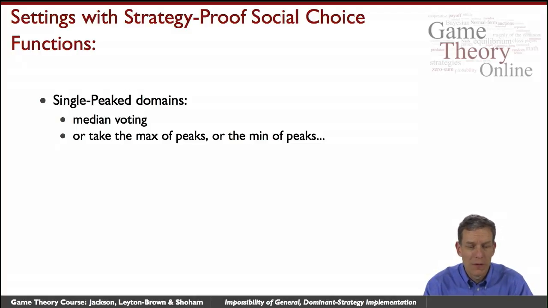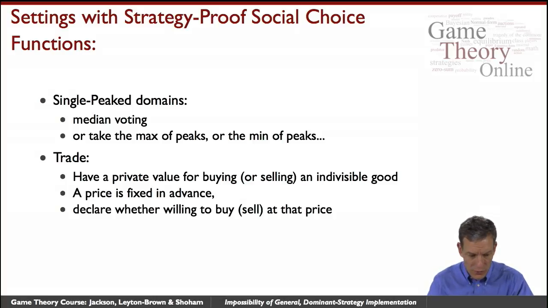Instead of median voting, have maximum voting, so whoever has the maximum peak, or the minimum peak, or any order statistic. So single peaked domains are settings where we've limited the set of preferences, so not any ordering over candidates is allowed any longer. And once you do that, then it's easier to design strategy-proof rules.